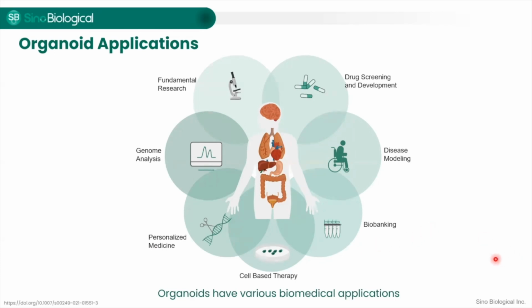They can be used for cell-based therapies, personalized medicine, and genome analysis. And organoid technology provides ideal models that mimic human genetic diseases caused by mutations or other diseases like we have seen in various neurodegenerative diseases. And by using different gene editing techniques such as CRISPR-Cas9, researchers can investigate diseases associated with different genetic defects as well.